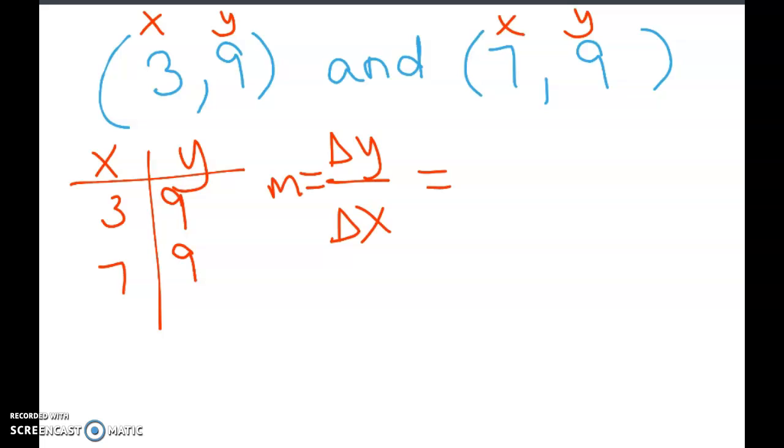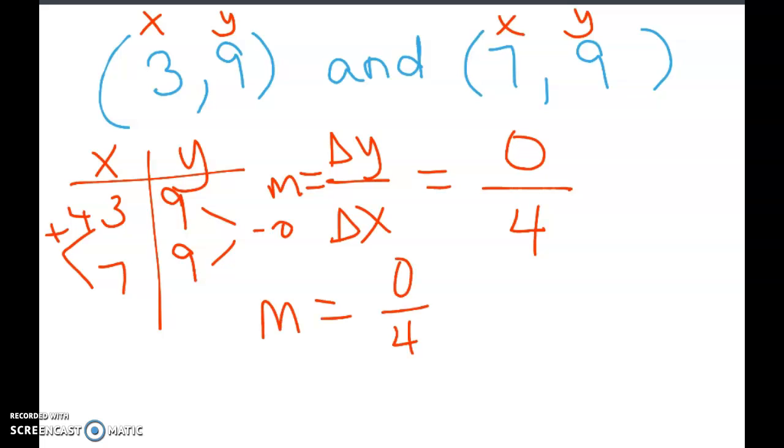From here, you're going to notice that 9 minus 9 is 0, so your change in y is going to be 0. And then if you look at your change in x, 3 plus 4 is 7. So it'll be 0 over 7, which is your slope.